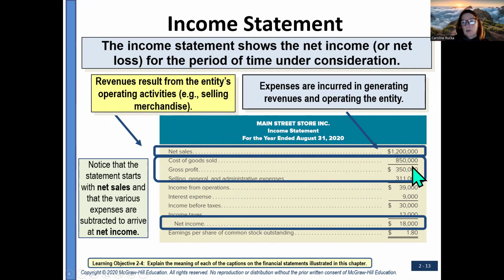That gives us the gross profit or margin, sometimes called margin. Then we subtract out our general and administrative expenses to get our income from operations. Then we take out the other stuff, interest, taxes, things like that.